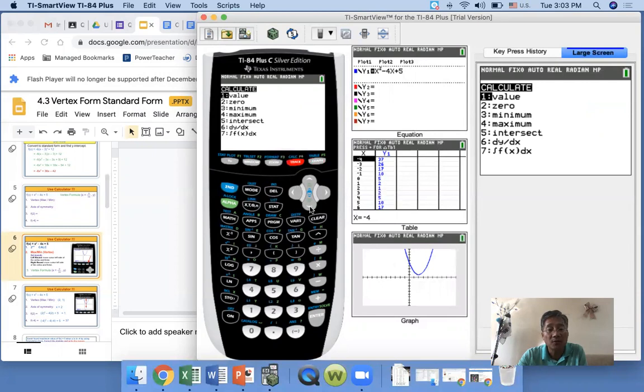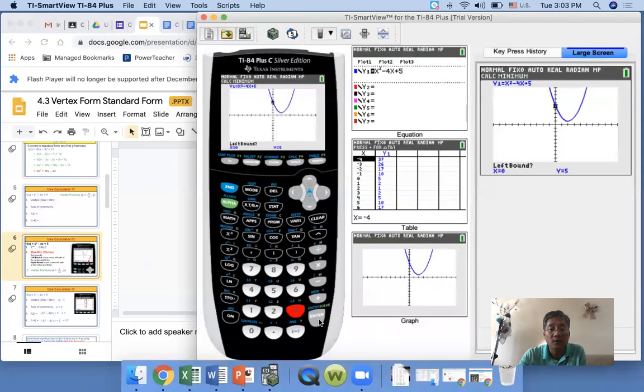Number 3, you can go down by this arrow, or you can click the number 3. Or go down by the arrow, then you should click enter. Now, as I told you, the calculator asks you for the left bound. So you move this cursor here. You know that your minimum value is here.